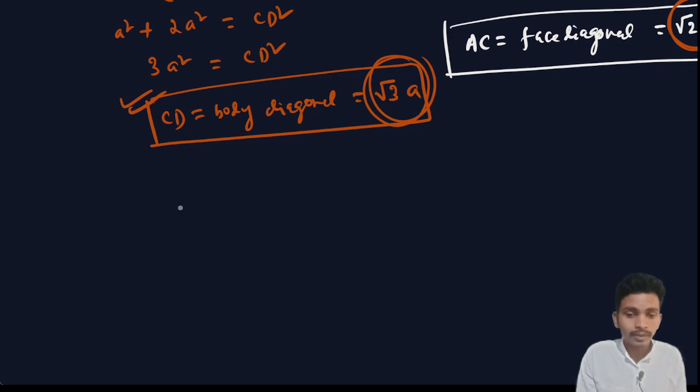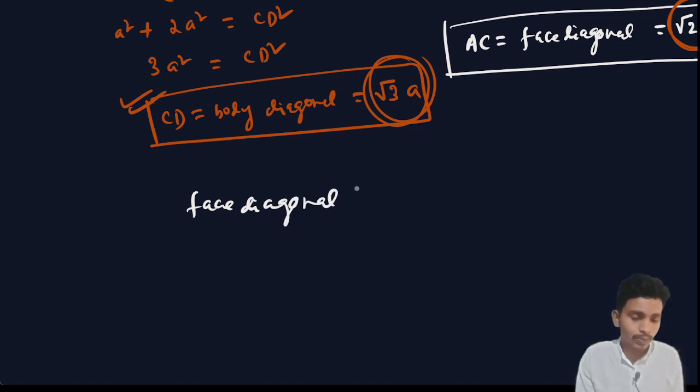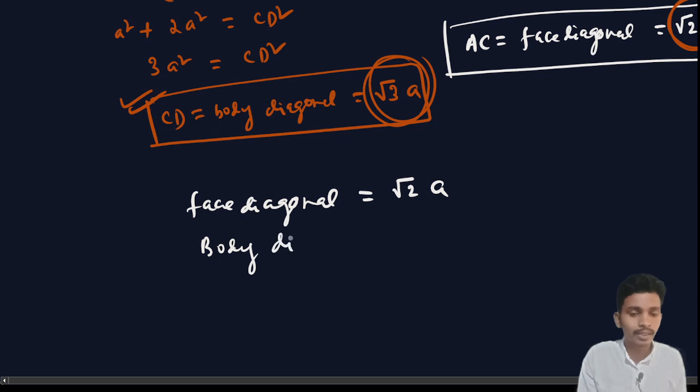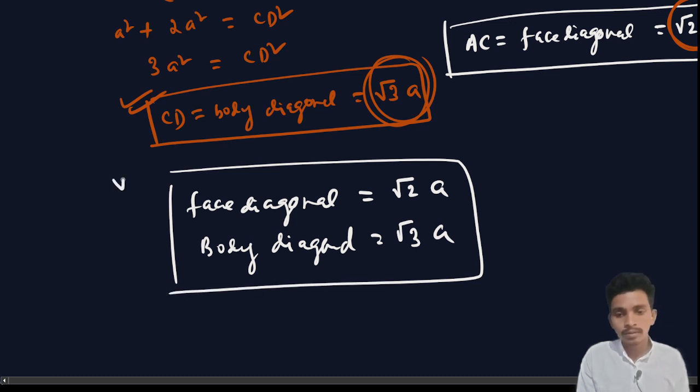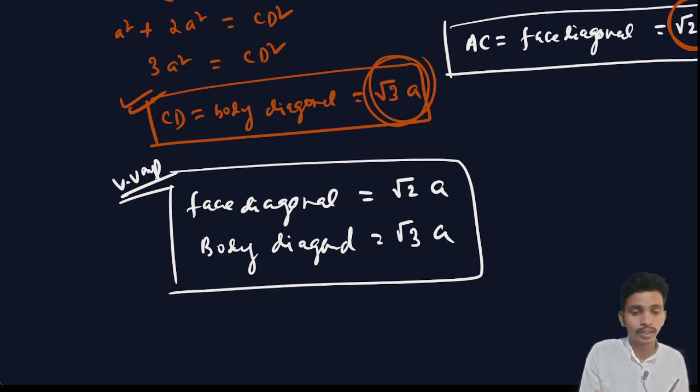The base diagonal is smaller, so that is root 2a, and the body diagonal is bigger than the base diagonal, so that is root 3a. If you memorize it, we can solve problems quickly, with no need to calculate again and again. Just remember: base diagonal root 2a, body diagonal root 3a.